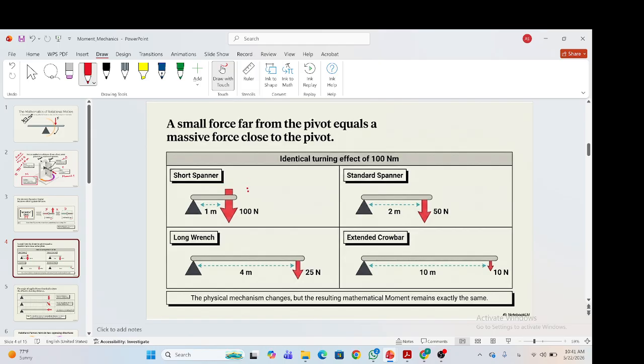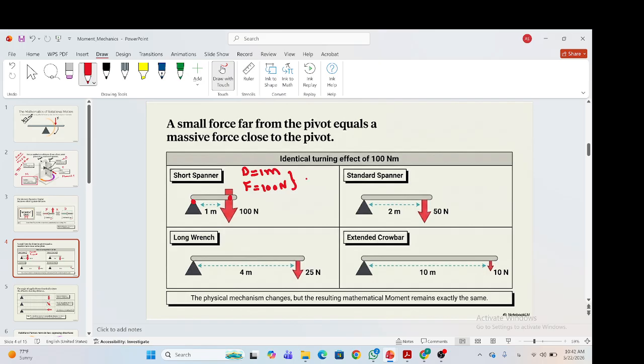This is a bottle, and the distance between the force that you are going to apply and the bottle is how much? For example, 1 meter. And how much is the force that we are going to apply? It is 100 newtons.